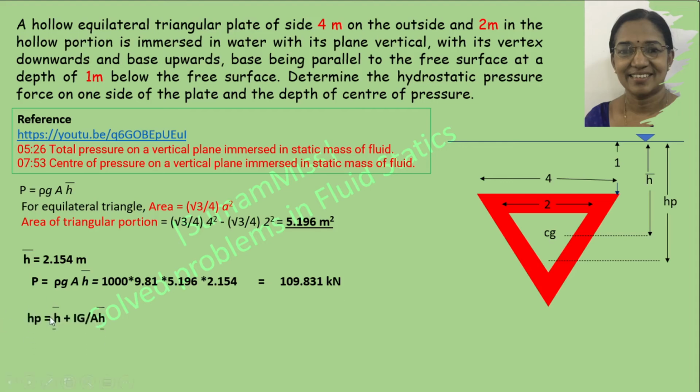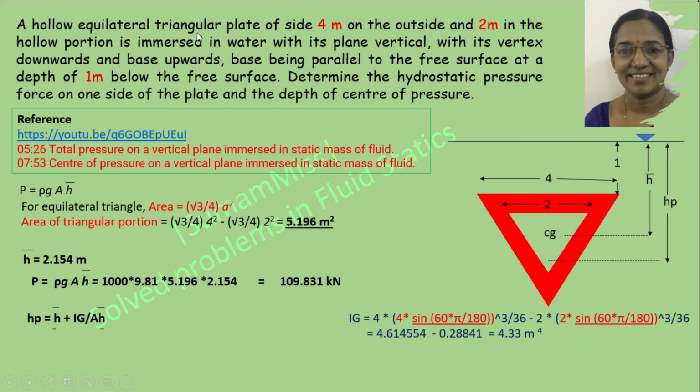So next step is to calculate the center of pressure. So the expression is HP equal to h bar plus Ig divided by A h bar. H bar we already calculated, A that is also known, then Ig that is moment of inertia of this hollow equilateral triangular plate. So moment of inertia of the triangle, that is equal to B into h cube by 36, where B is the base and h is the distance from the vertex to the base.